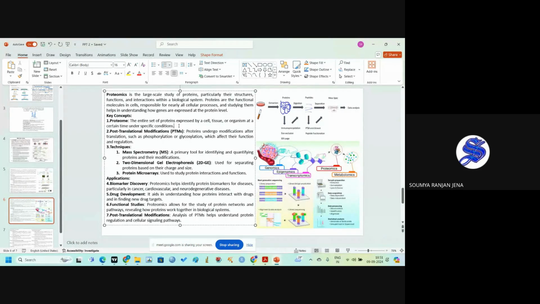A person with different food conditions or climate conditions or any type of environmental condition, that also leads to changes in the proteome of that particular organism, because different organisms have different proteome levels.